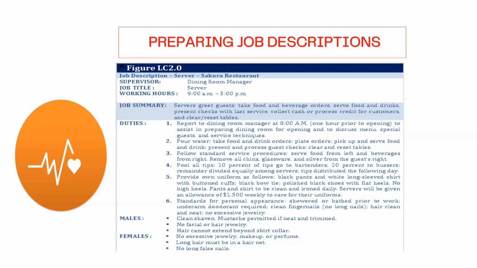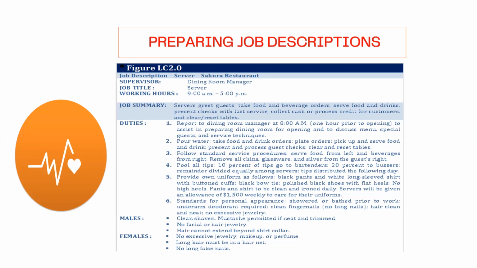A job description has 3 parts. 1, a heading that states the job title and the department in which the job is located. So if you notice, there I have job description, server, Sakura restaurant, and the supervisor is the dining room manager, and the job title is server.